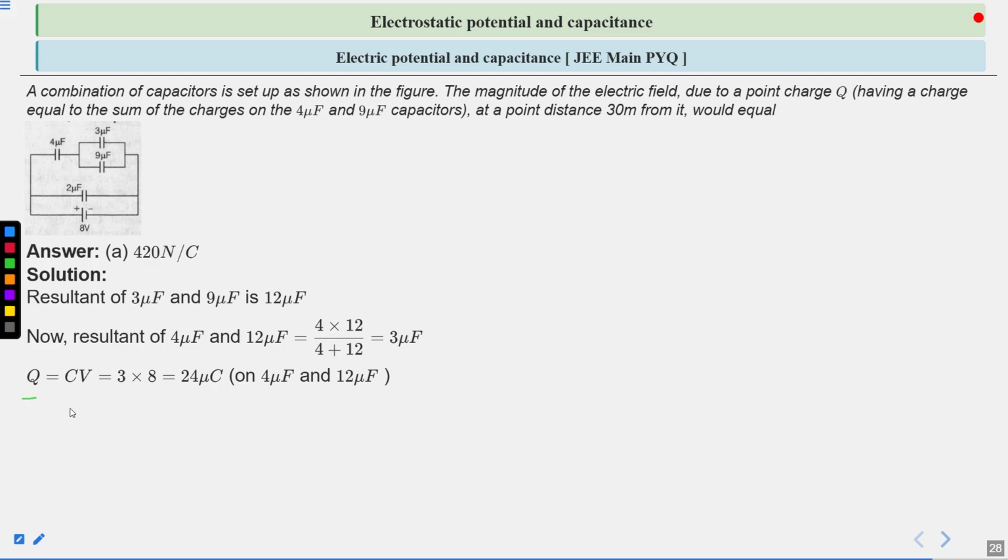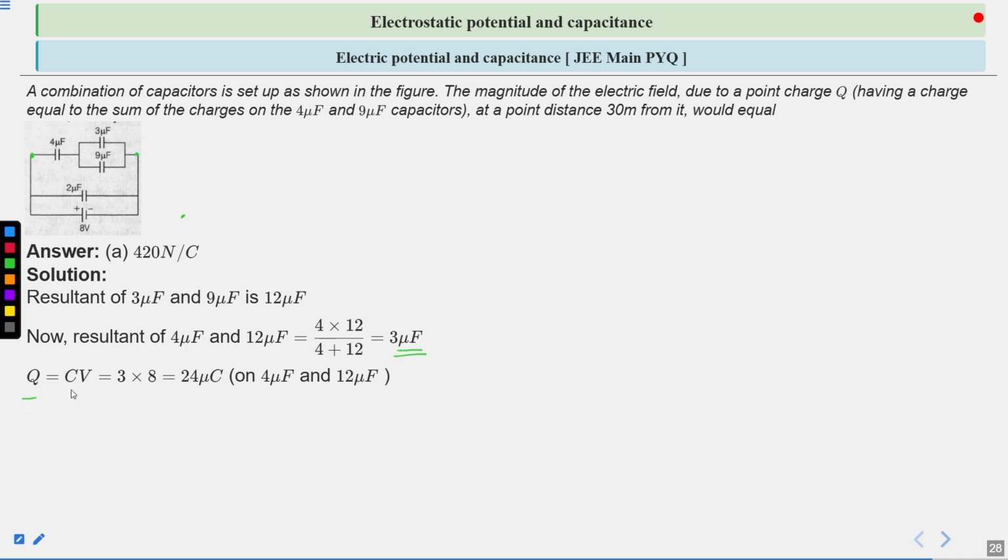So Q equals CV, which is equal to 3 into 8. Now the charge in this branch: the equivalent capacitance of this whole combination, the 3 microfarad, 9 and 4 microfarad capacitors, came out to be 3 microfarad.